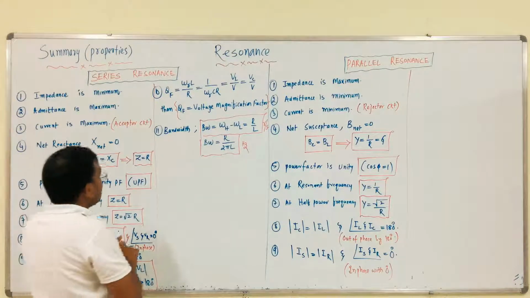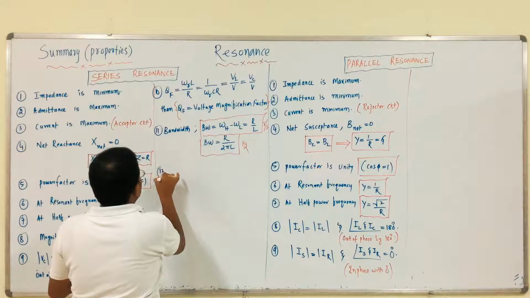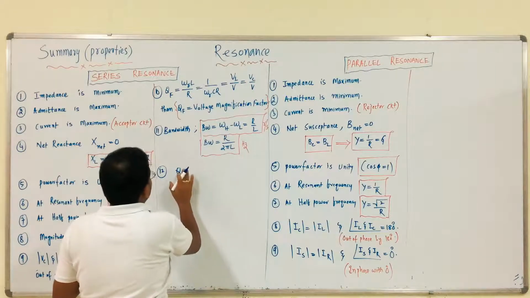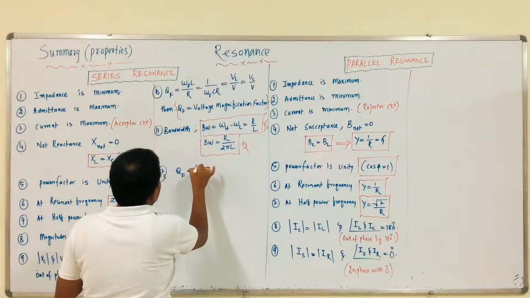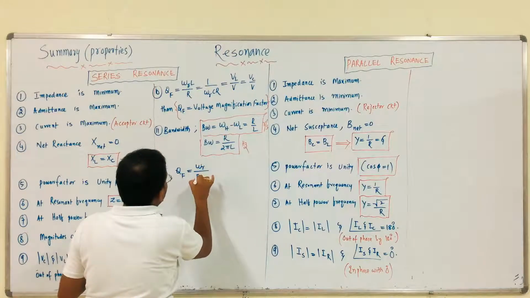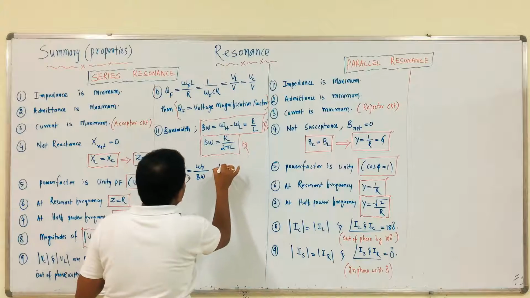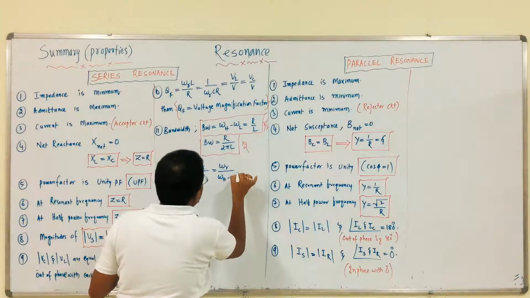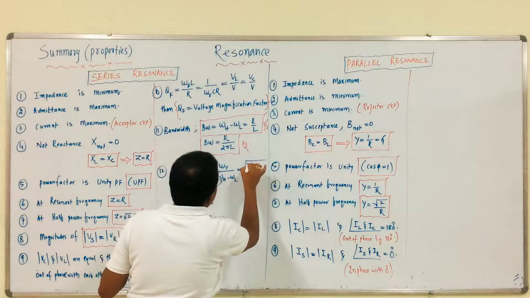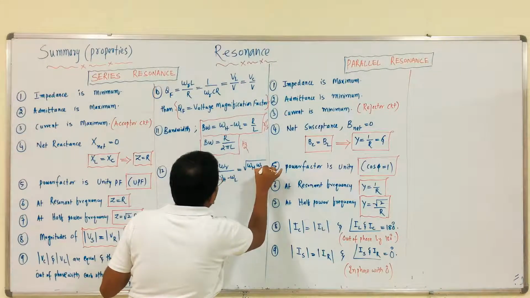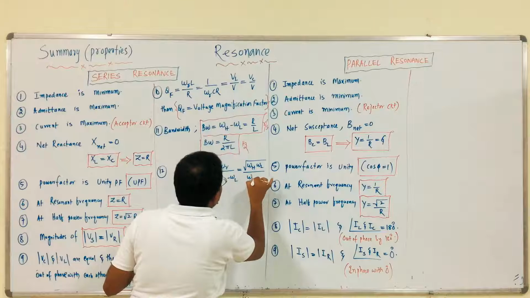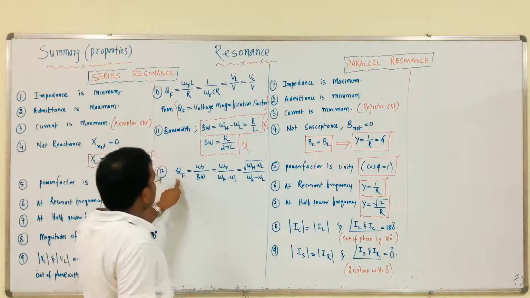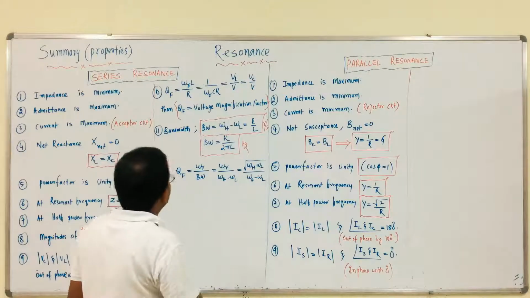Next, 12th point, relation between Q factor and bandwidth: Q factor is equal to resonant frequency by bandwidth, which is equal to resonance frequency by upper cutoff frequency minus lower cutoff frequency, which is equal to square root of L by C over R. Clear? Quality factor is always inversely proportional to bandwidth, completed.